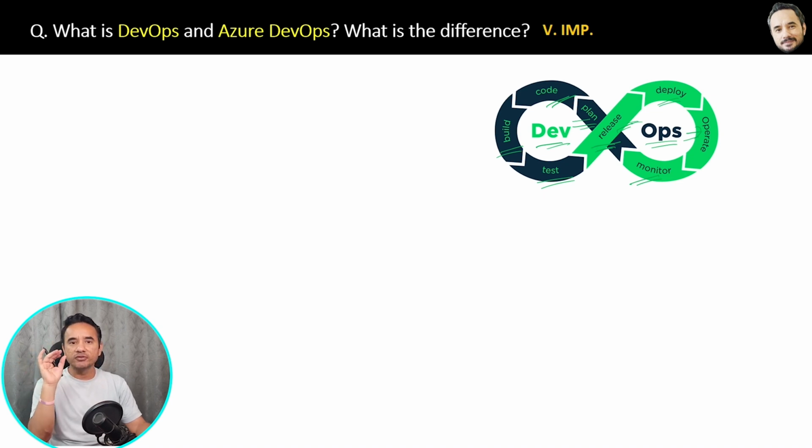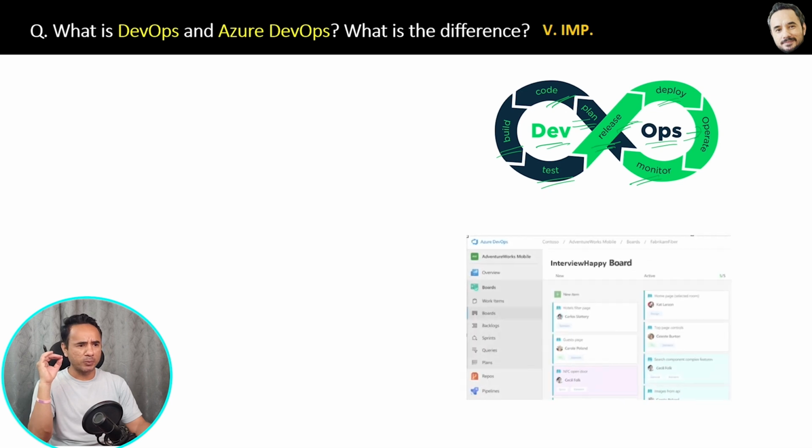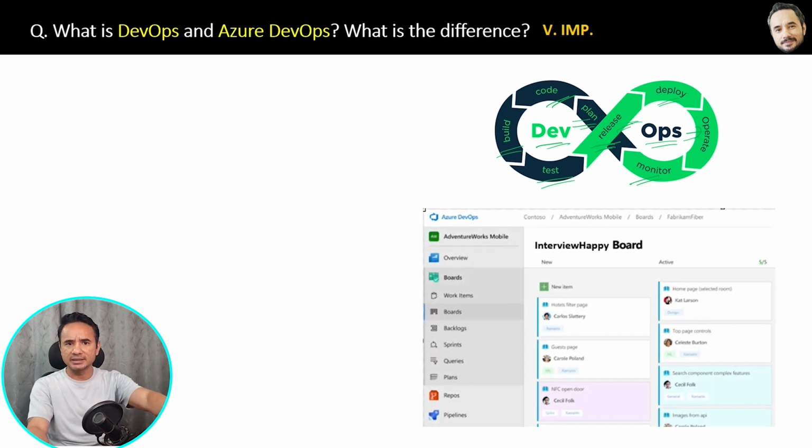For example, if you use the Azure DevOps portal, which will look something like this, then you, your team members and your manager can assign and create work items here, check the work status, and check the deployment status of the application, everything in one single place. That is the Azure DevOps platform, okay?